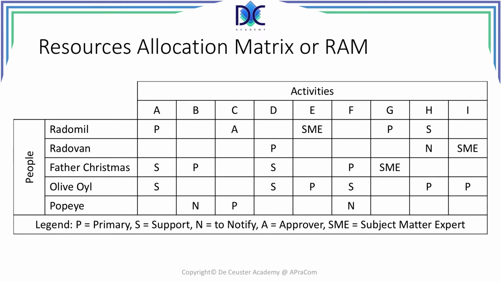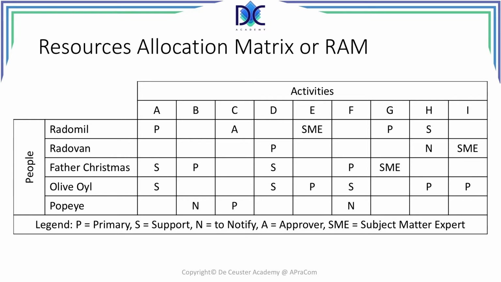The first table we can use to allocate resources to activities is the resources allocation matrix, or RAM. We have the same people, but now on the right hand side we have the different activities. I call them A to I. When we use a RAM, we have to put a legend, and the legend describes what the function of the person is.